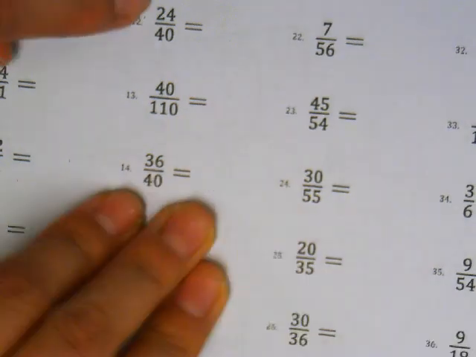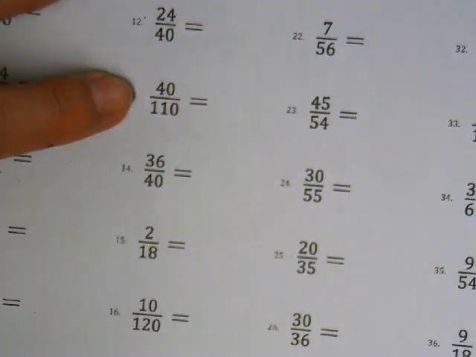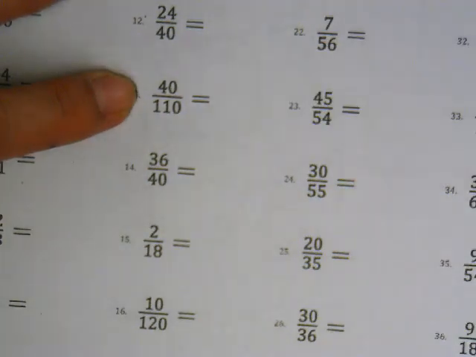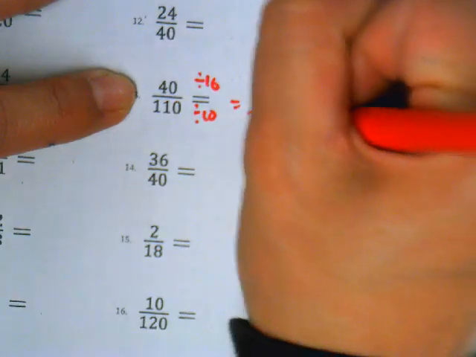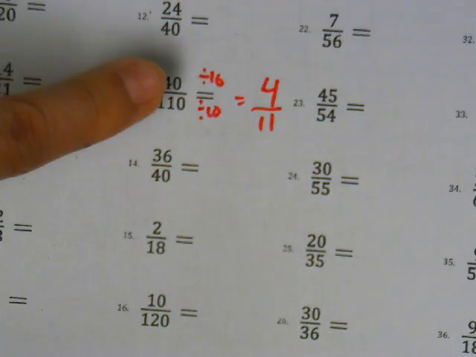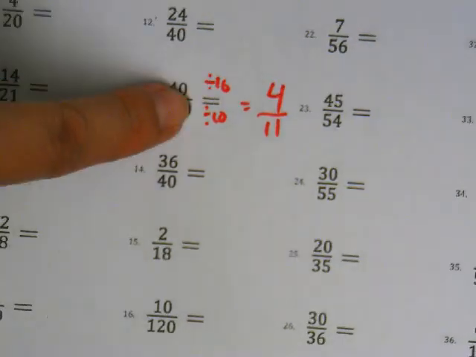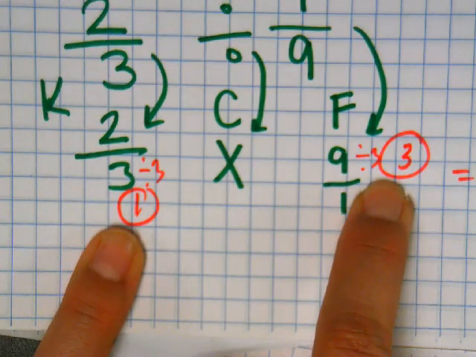The number on the top and the bottom, what can I divide by? Let's look at this problem. What can I divide these numbers by? I can divide by 10, divide by 10, I get 4 over 11, right? So you did this yesterday, right? These little dividing numbers are this.